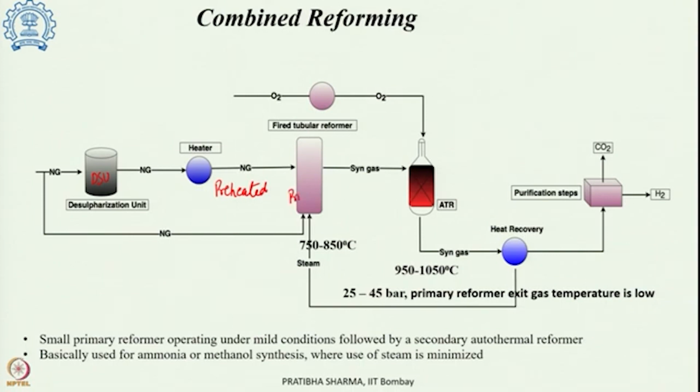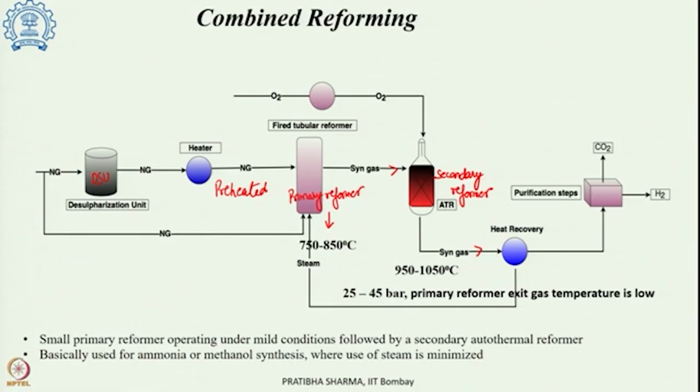So this is the primary reformer, wherein it undergoes the reforming reaction. The syngas which is partially reformed is passed through the autothermal reformer, the secondary reformer, and undergoes the various processes that we have already learned.